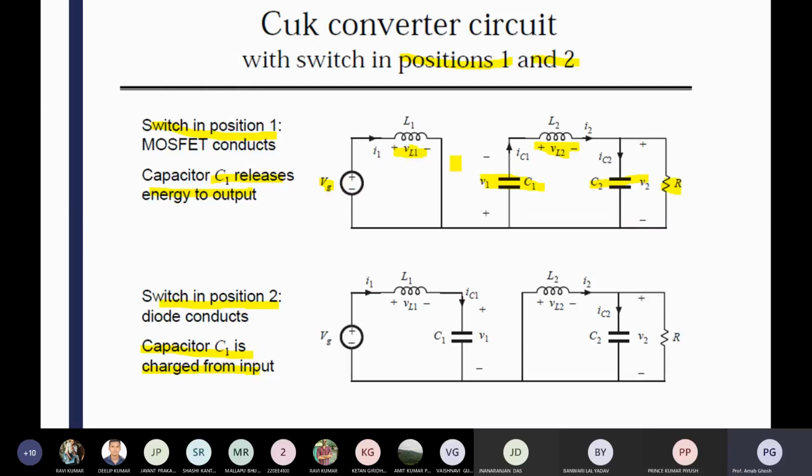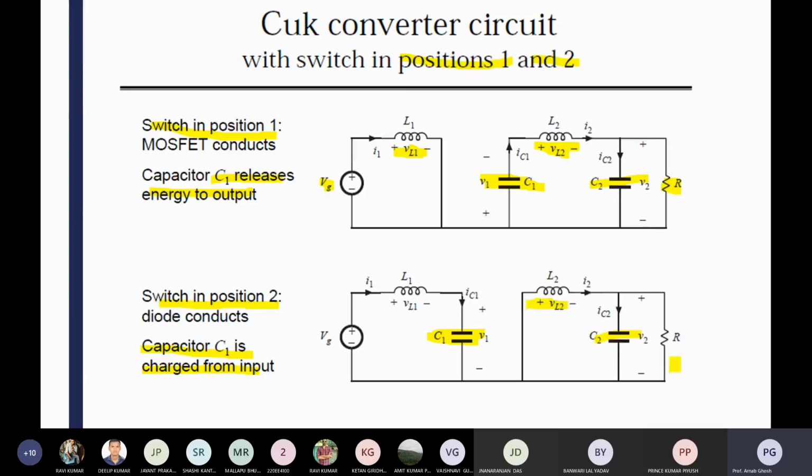In the second case, VL1 and Vg both transfer energy to C1. In the second case, VL2 behaves like a source, so that inductor is transferring the energy to C2 and R.